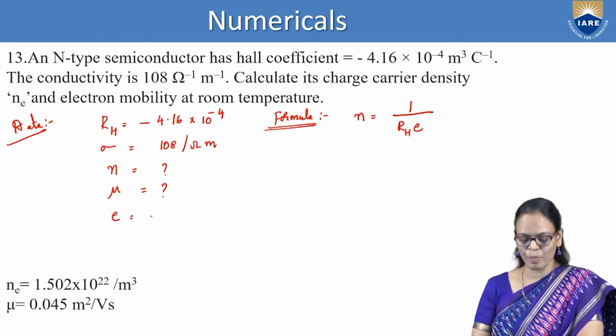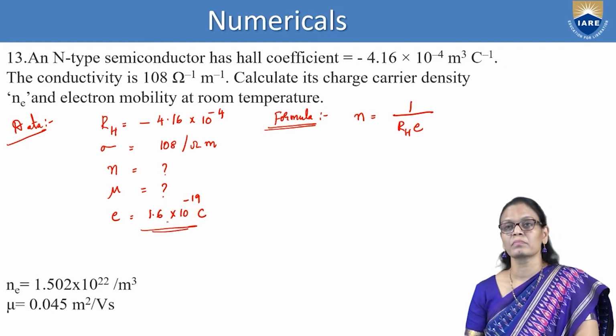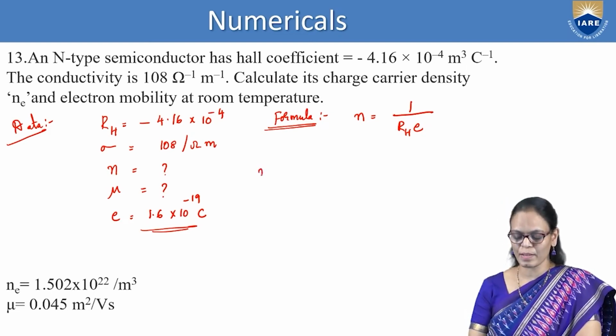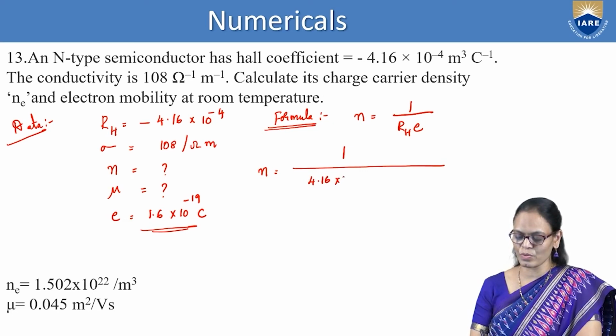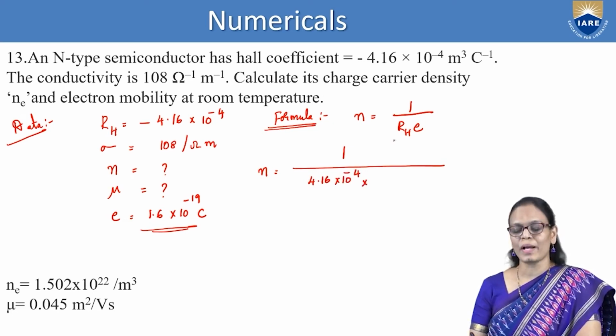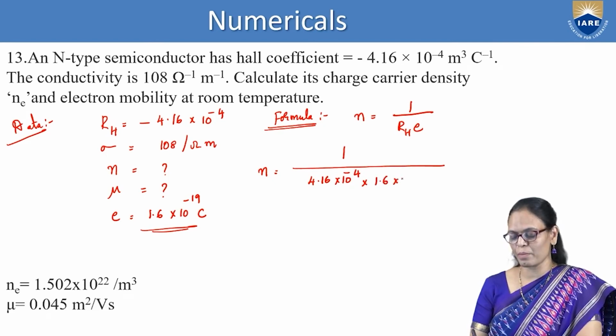e is equal to 1.6 into 10 power minus 19 coulomb. So let us just substitute for n. n is equal to 1 upon R H e. What is the value of R H? 4.16 into 10 power minus 4 into the value of e, 1.6 into 10 power minus 19.